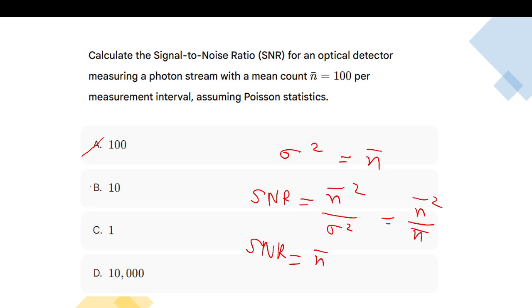Why not 10? Because 10 is the square root of the mean, representing the standard deviation. And 1 is also not possible, because an SNR of 1 would imply the signal power is equal to the noise power, which happens only when the mean count is 1.